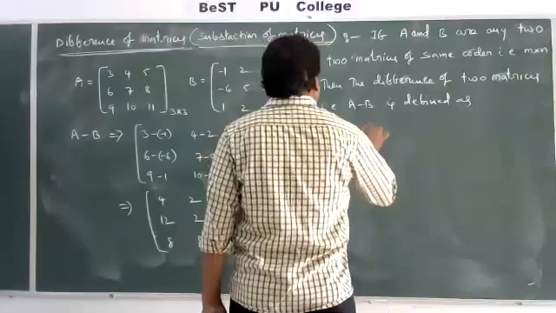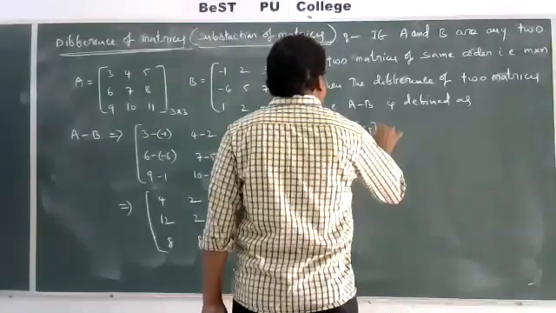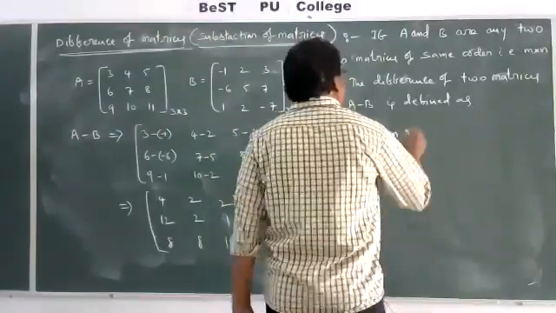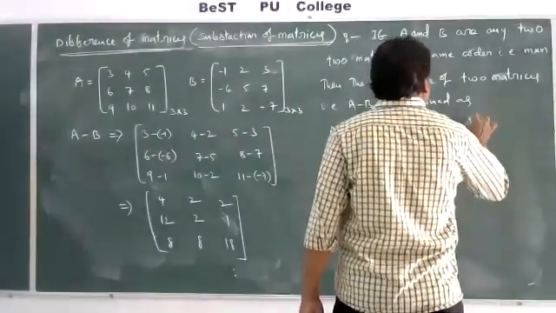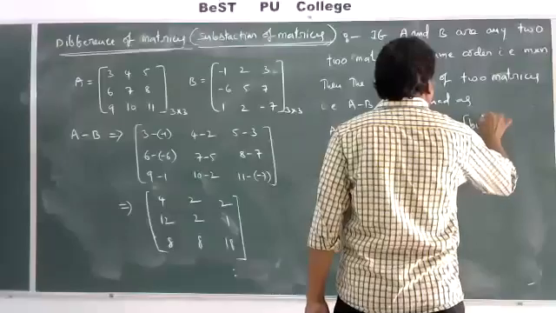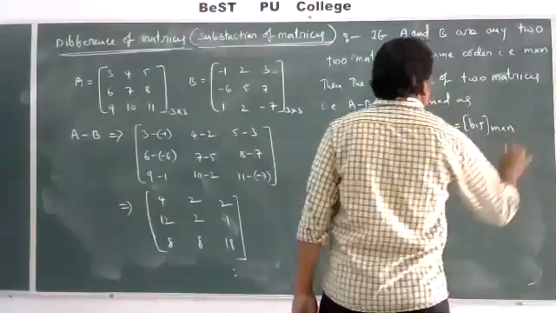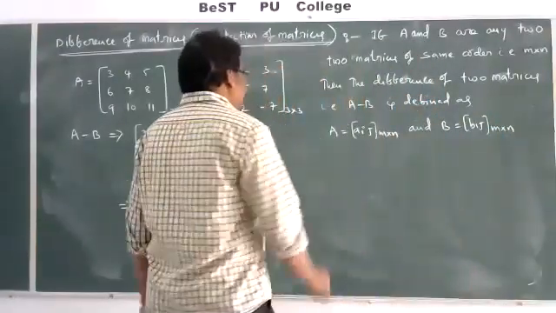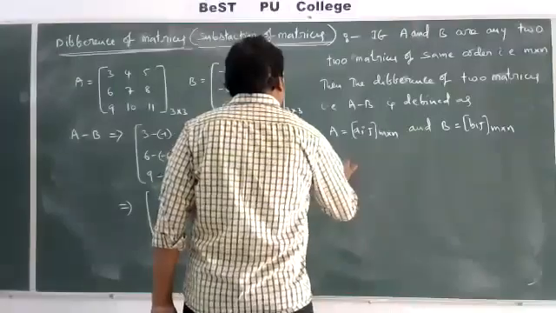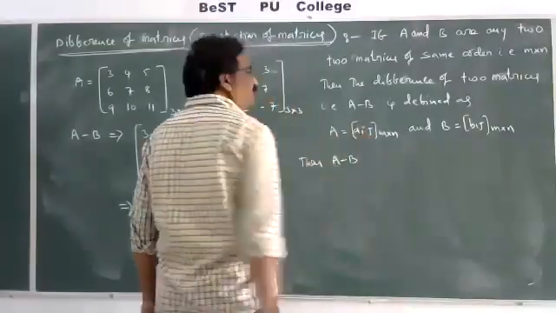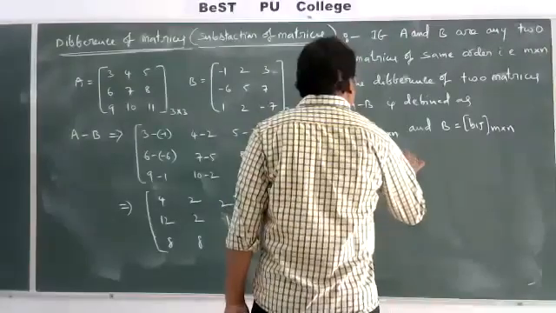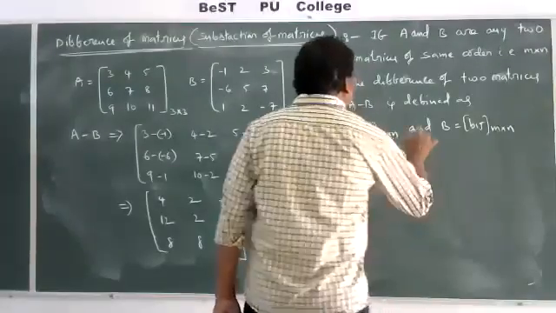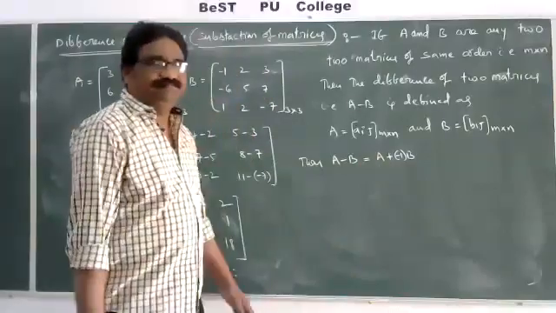A is equal to Aij m by n and B is equal to Bij m by n, then A minus B is equal to A plus of minus 1 into B, both are the same.